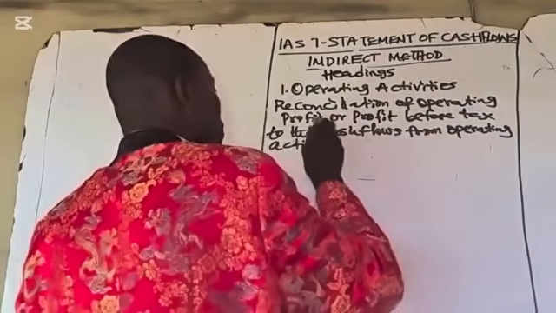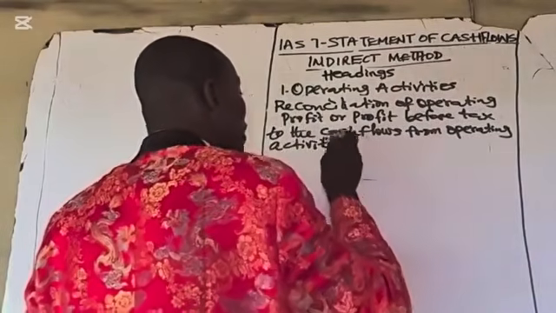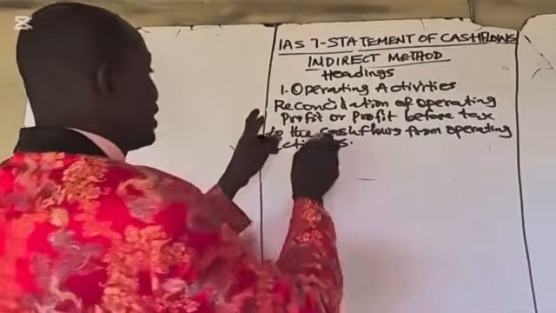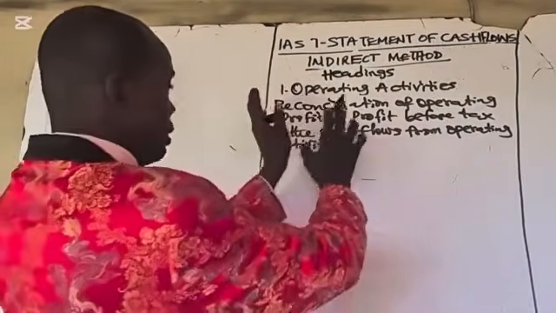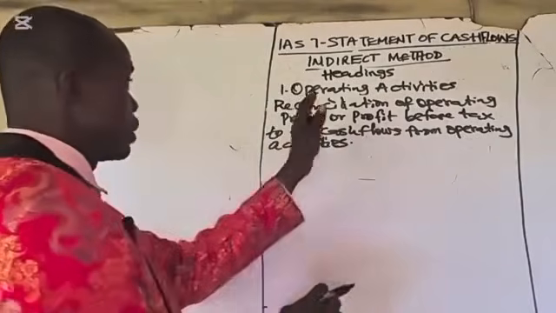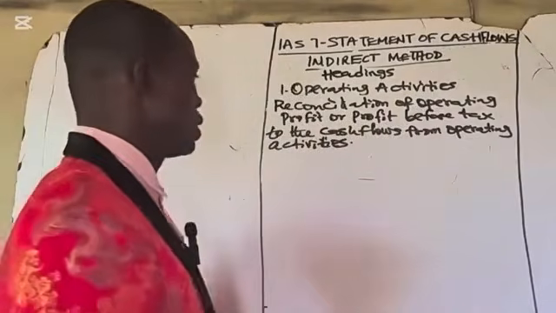I've told you, under this method, for your operating activities, what you need to do is reconciliation. That means you want to prepare a reconciliation statement.